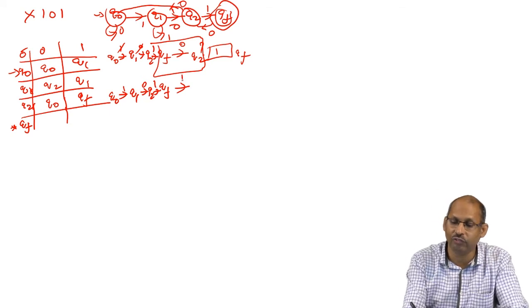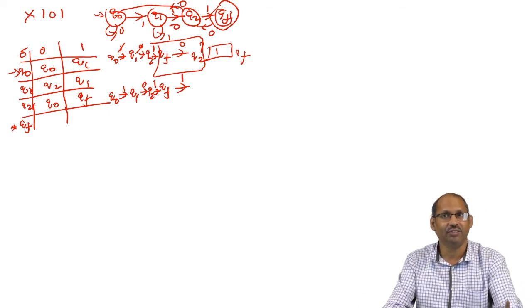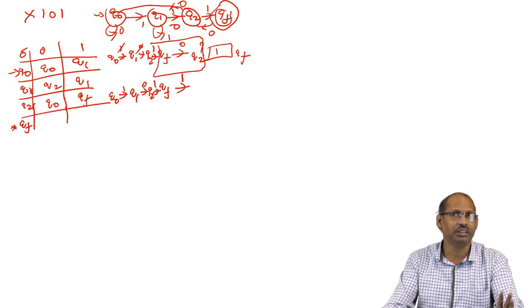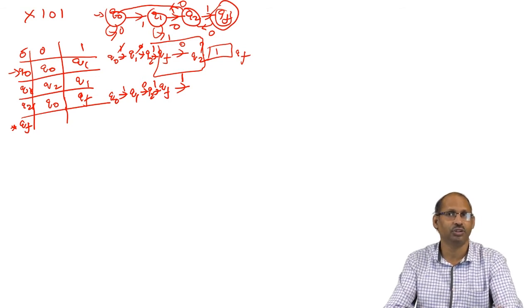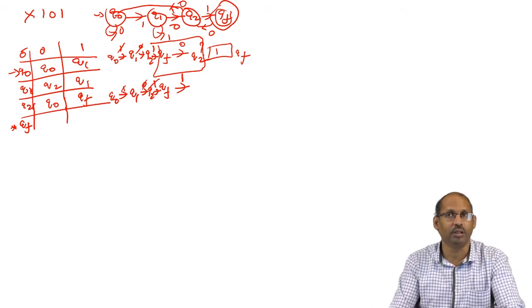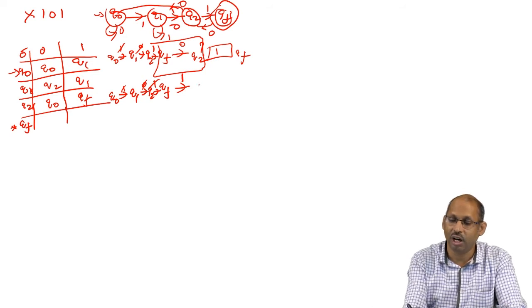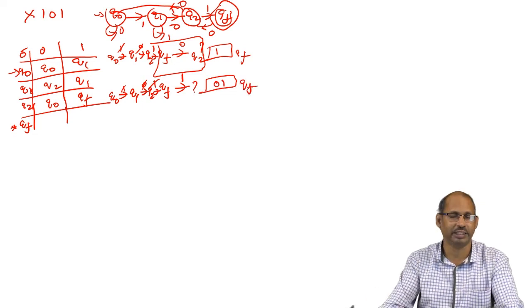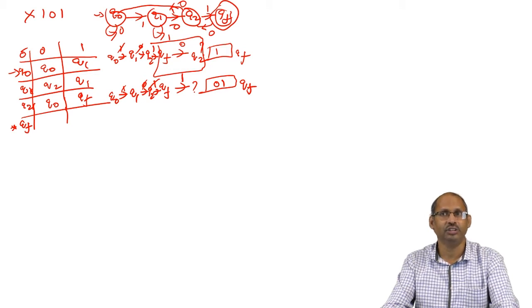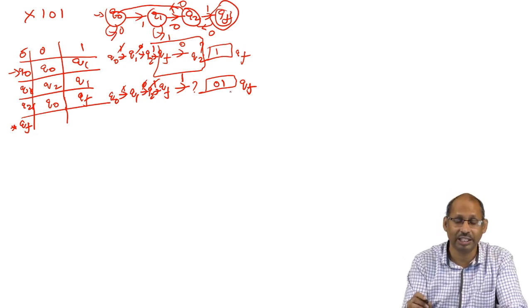Now Qf on 1 we have to find. So what is the string? 1011. Is 1011 a prefix? No. Is 011 a prefix? No. Is 11 a prefix? No. So we skip those. 1 is a prefix. After 1, it requires 01 to reach the final state. What is the state from which 01 reaches the final state? It will be Q1.